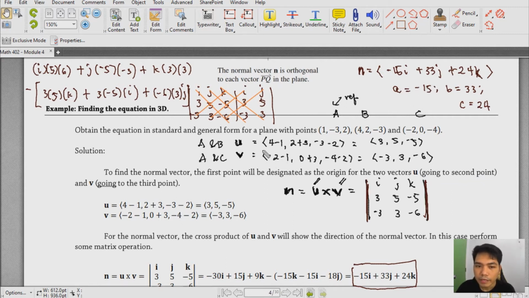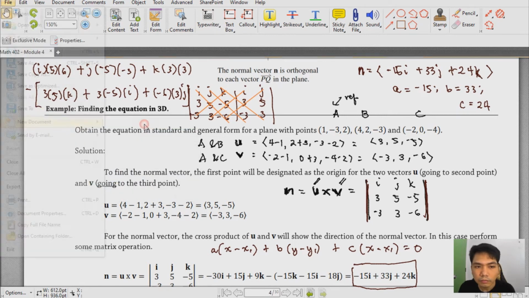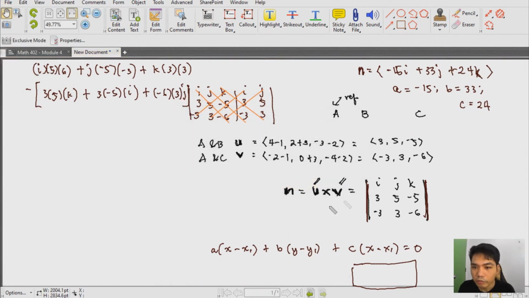Then, to determine the final equation in terms of xyz, we said before that we have a times (x minus x sub 1) plus b times (y minus y sub 1) plus c times (z minus z sub 1) equal to 0. We'll be applying this concept in our solution. What is our a?